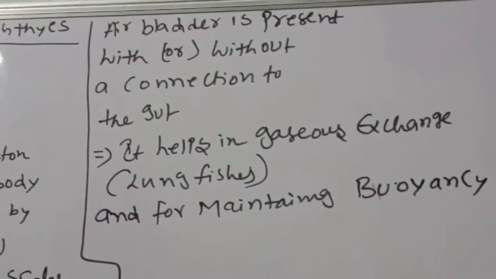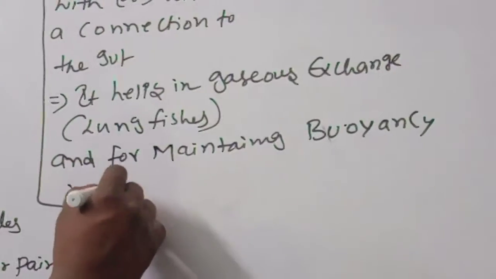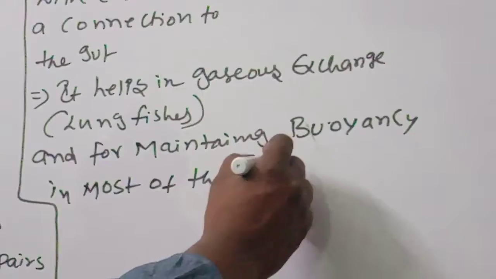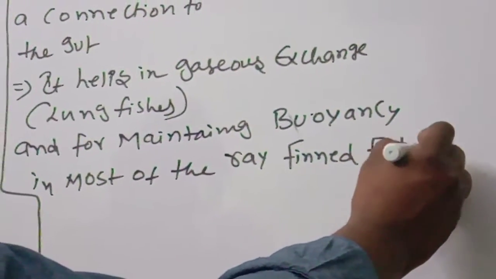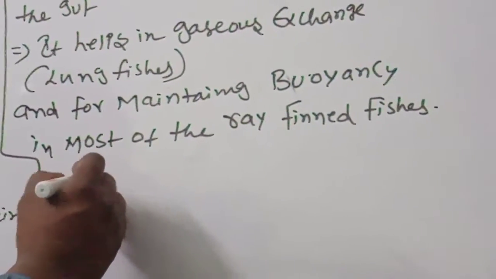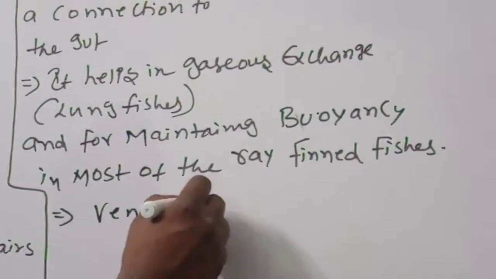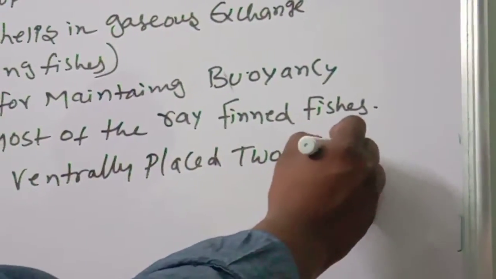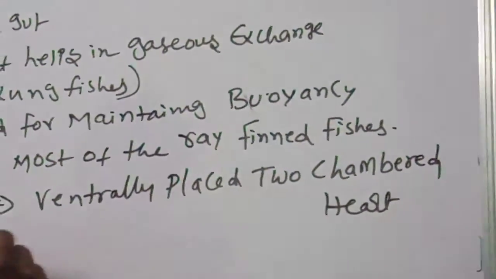It is helpful for maintaining buoyancy in most of the ray-finned fishes. Next, they have a ventrally placed two-chambered heart. You should remember this too.